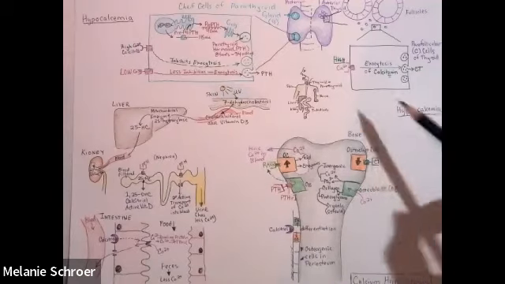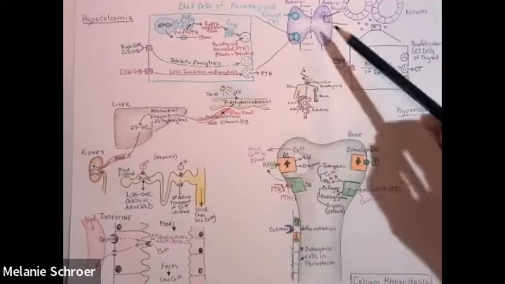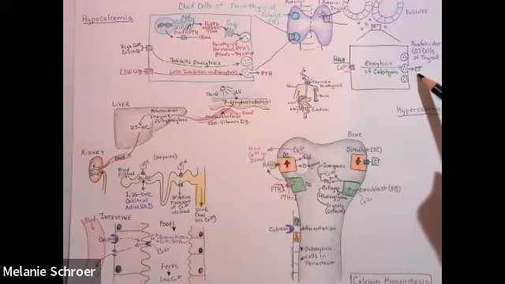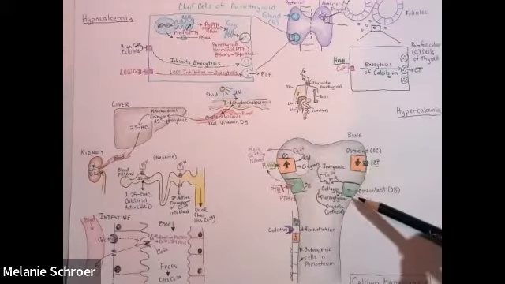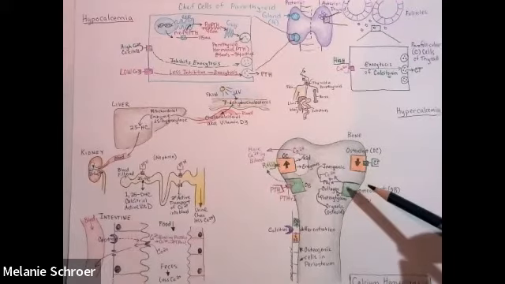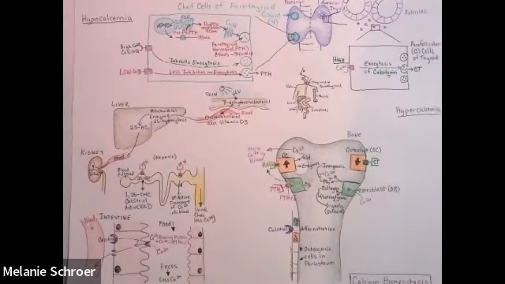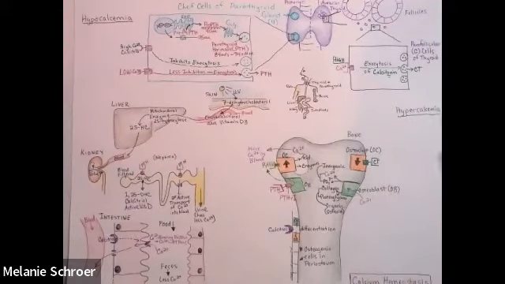So in this way, high calcium bound to receptors on C cells of the thyroid gland induces the release of calcitonin, which inhibits osteoclast activity and allows osteoblast activity to essentially outweigh the breaking down components. Okay, so that's what happens when you have too much calcium in the blood.